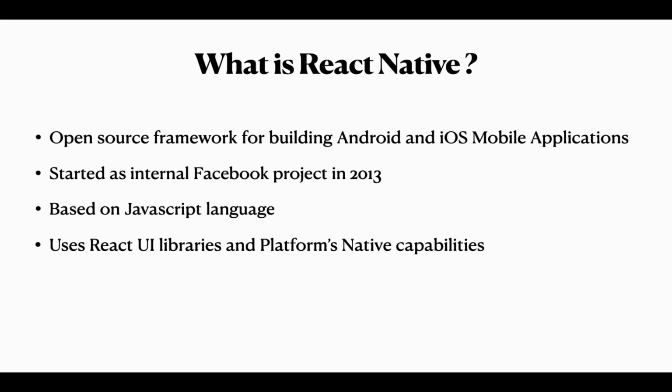It uses React UI libraries, and there are some platform native capabilities which can be used in the React Native application. Another interesting thing to note is that some libraries used by React Native come directly from React Native, and there are some other libraries which come from the React Native community.